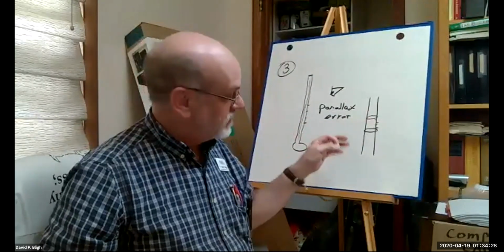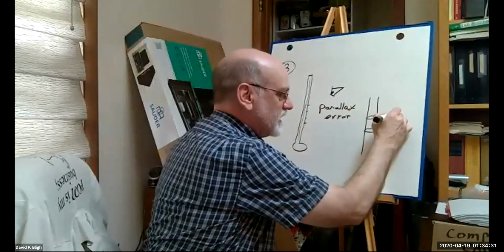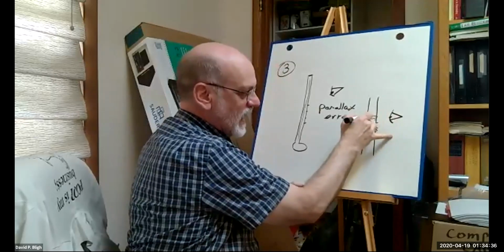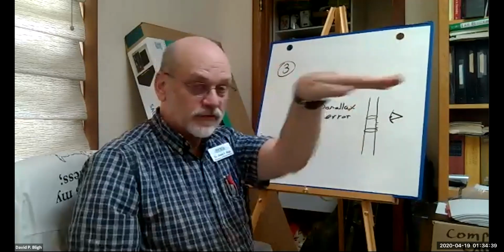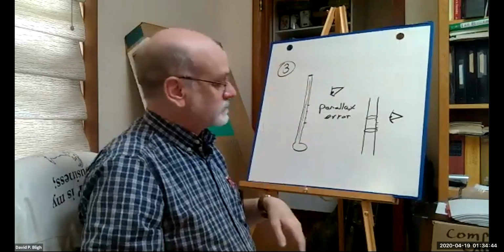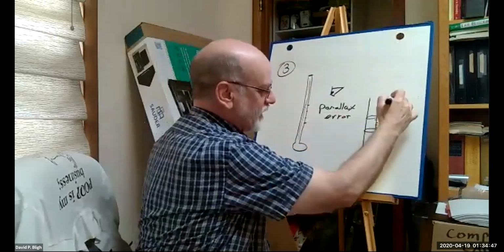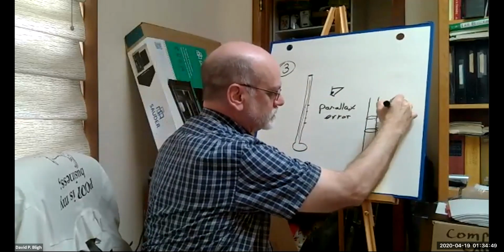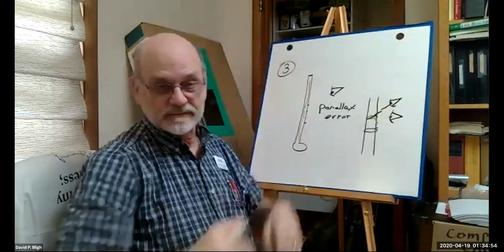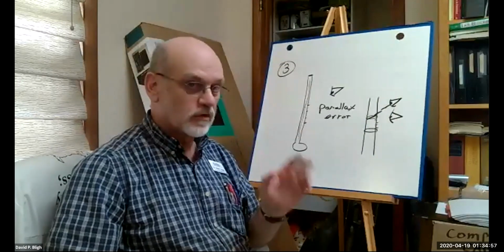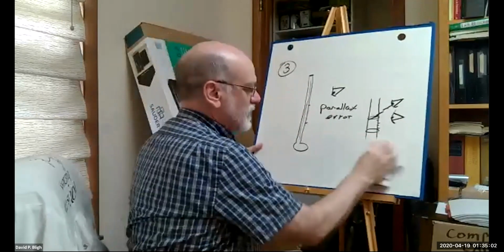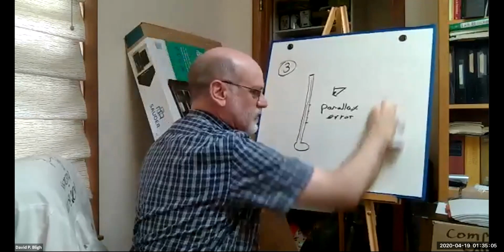The reason they're there is so that when your eye is here, you see a single line straight through. If you see a single line, you know your eye is level. If you were off like this, you would see this line and that line separated. Like you see a double line, then you know that you're not level with the measurement. So parallax error is a possibility in your measuring.